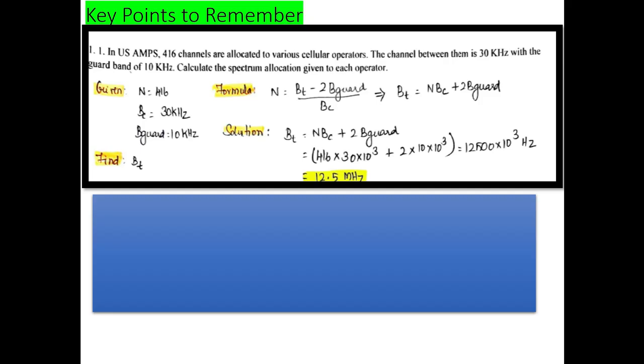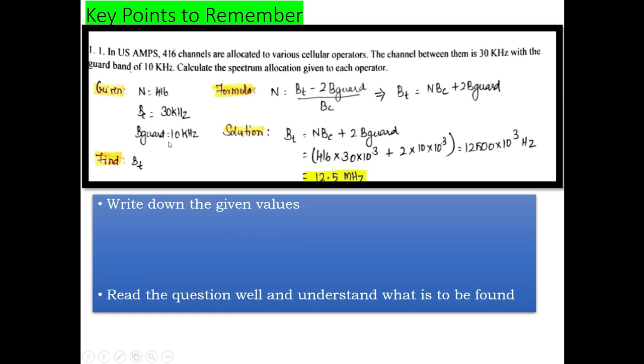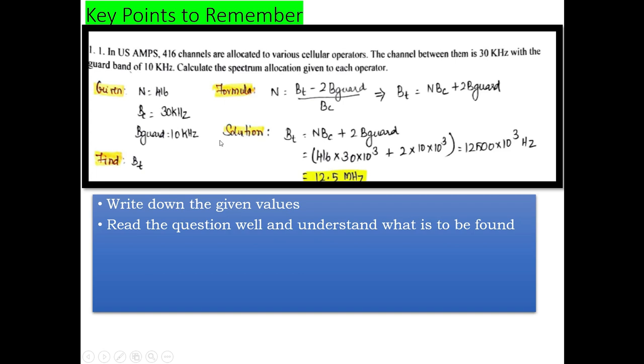With a small example, let me explain to you how to present your numerical problems neatly in the university question paper. So when a university question like this is asked in a university question paper, the first step is to write down the given values from the question, read the question once again and understand what is to be found out, and write that down and write the formula, and then work out the solution step by step as shown here.